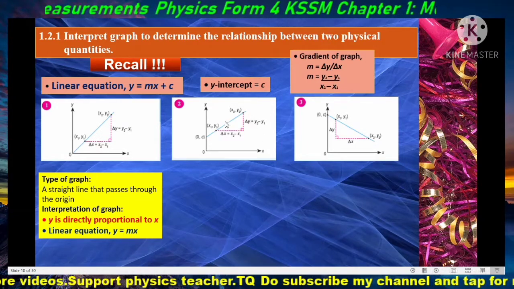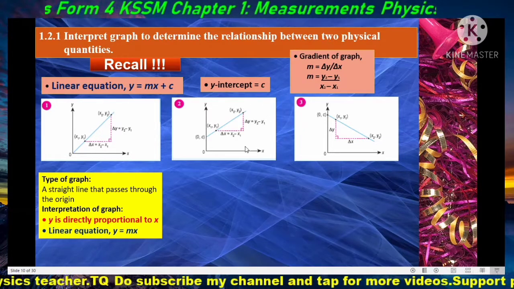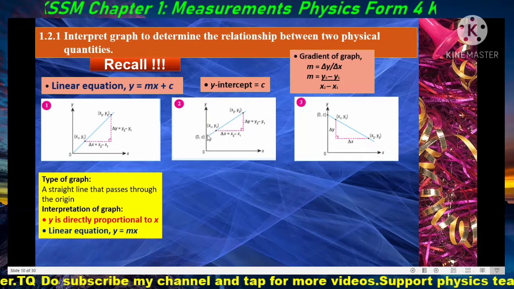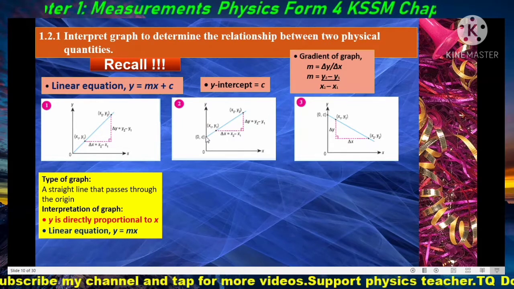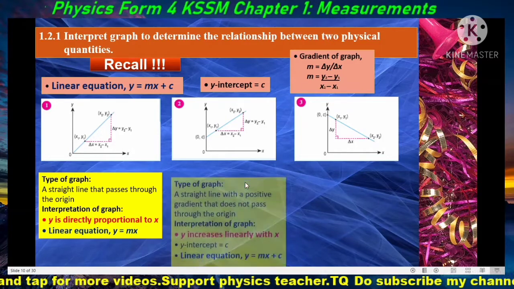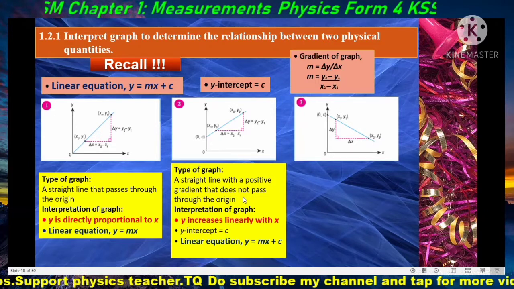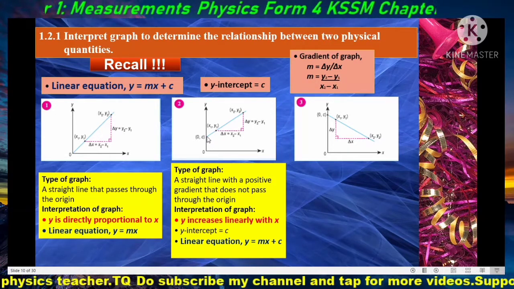The second graph is also a straight line graph, positive gradient. But the line of the graph intercepts at one point on the y-axis. What can we say about this graph? A straight line with a positive gradient that does not pass through the origin.